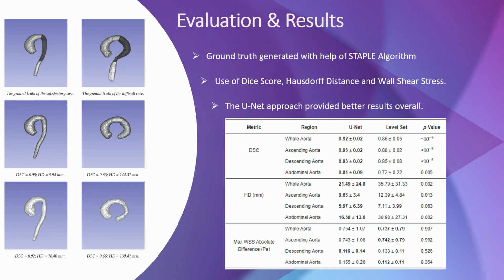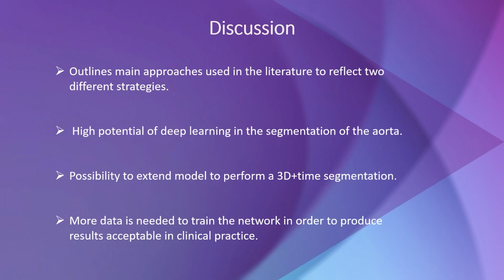We also computed wall shear stress in order to compare the results of these segmentations in a real case. And so we saw that the UNet approach provided better results for DICE score and Hausdorff distance. But for the computation of wall shear stress, the level set segmentation provided better results.